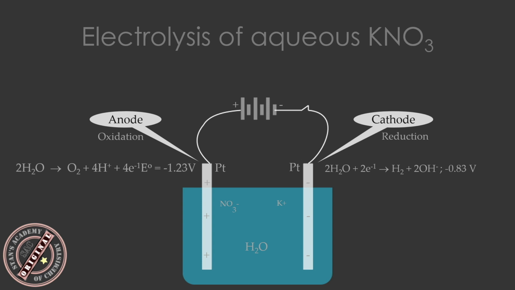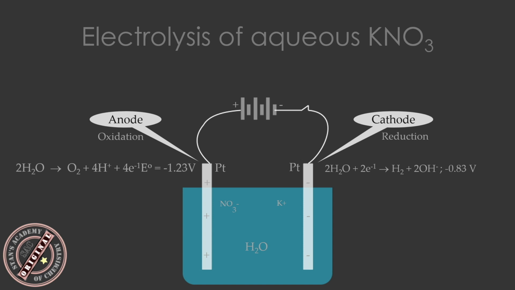Now, you may have also seen that in grade 9 and grade 10, using the Hoffman's apparatus, you would have produced oxygen and hydrogen by the decomposition of water using dilute sulfuric acid. Same thing happens there. Sulfuric acid contains sulfate ions. Similarly, potassium nitrate contains nitrate ions, which are difficult to oxidize, and therefore it produces oxygen because water is easier to oxidize in these cases.